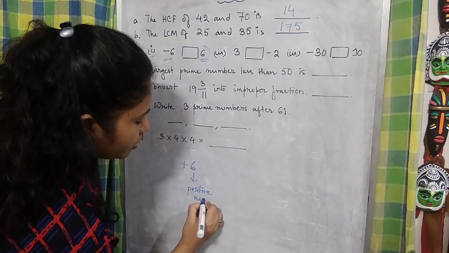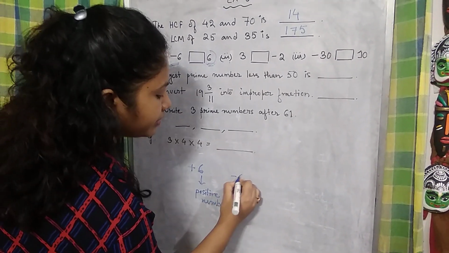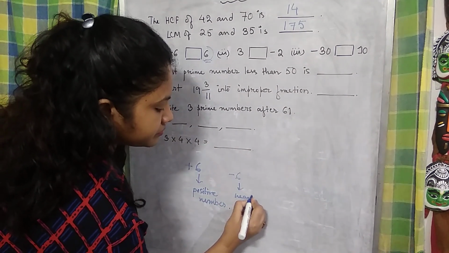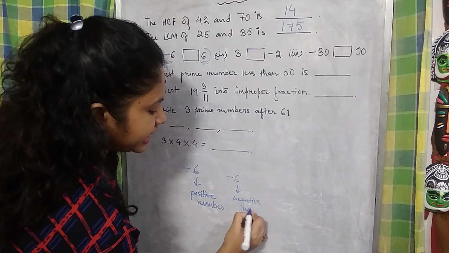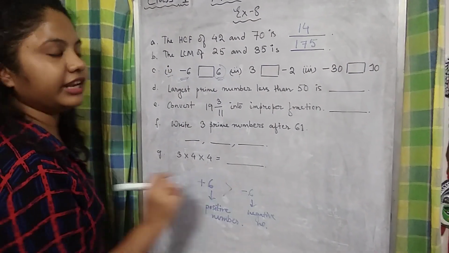Numbers which have a minus before them are called negative numbers. That's why positive numbers are always bigger than negative numbers.